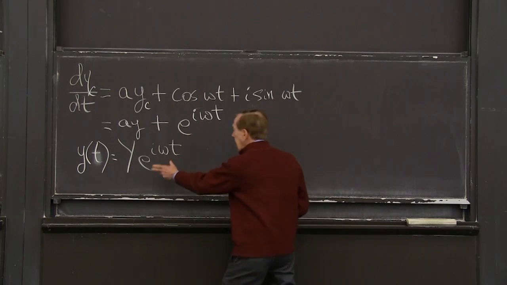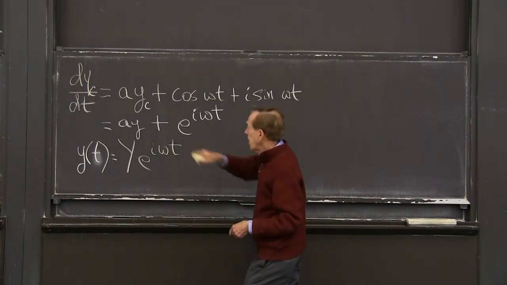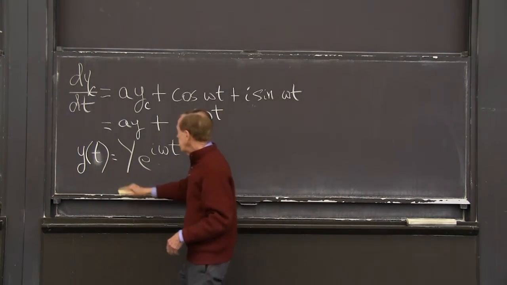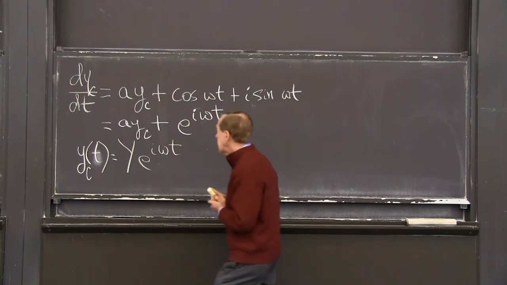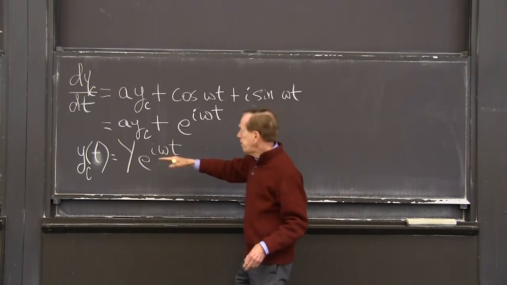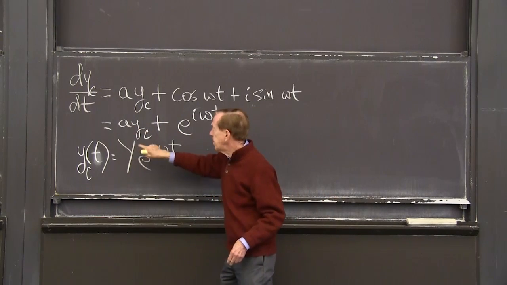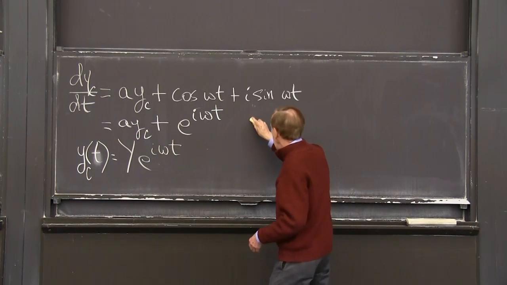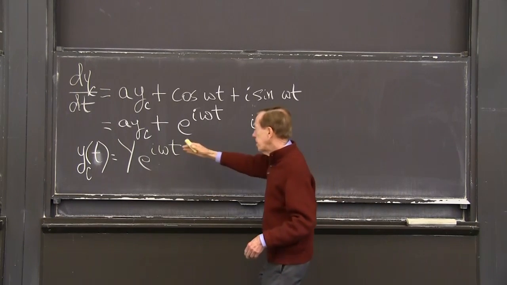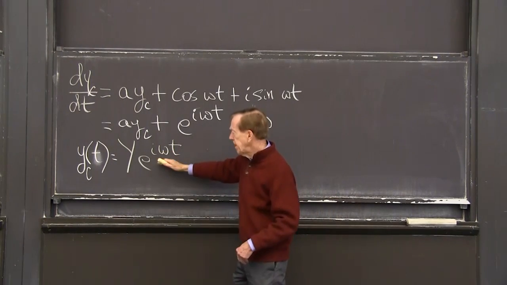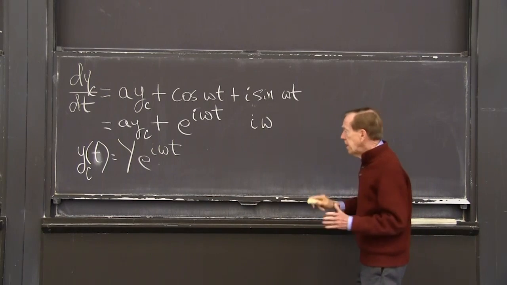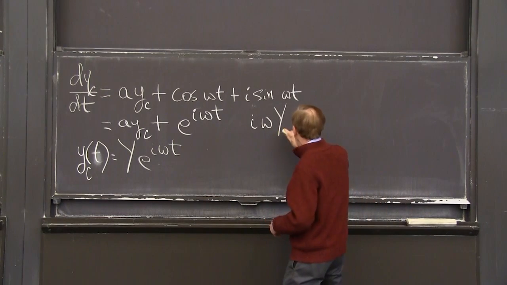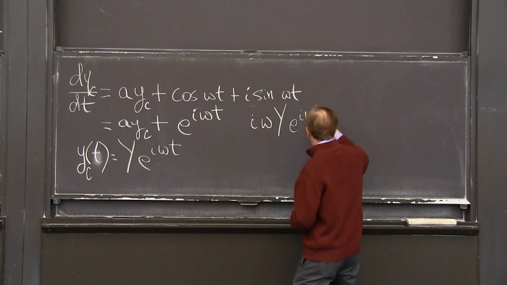So let me put that in. The derivative, the left side, is still going to be our complex solution. It's still complex. So I put this into the equation. The derivative will be i omega, of course. The derivative of the exponential brings down the number there, whatever it is: i omega Y e to the i omega t.